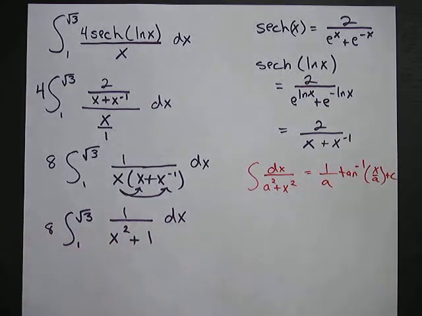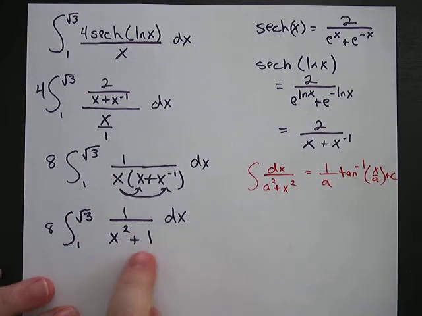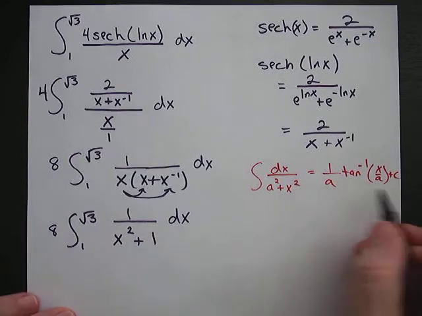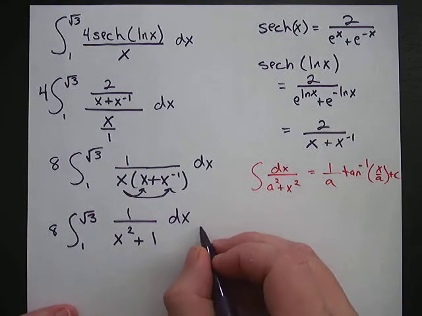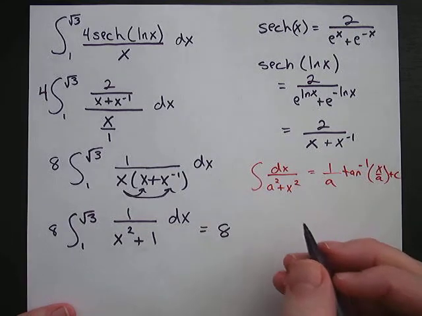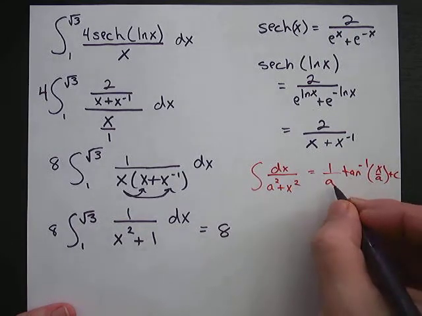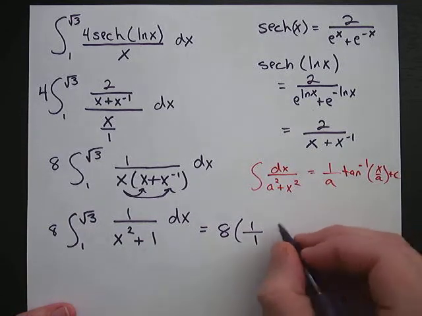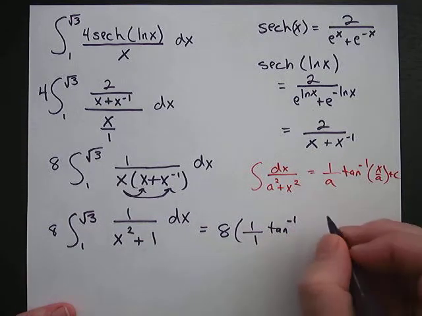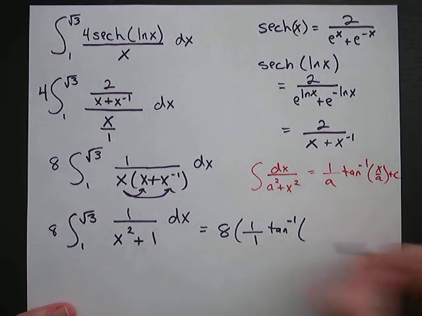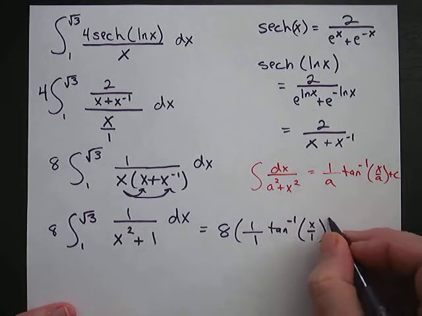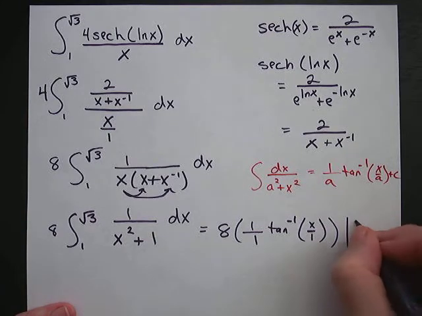If we look at our problem, our a is 1, since 1 squared is the same as a squared, and of course you have your x. So we can use that formula and write down our answer. We keep our 8 out front, then 1 over a, so 1 over 1, times inverse tangent of x over 1, integrated from 1 to square root of 3.